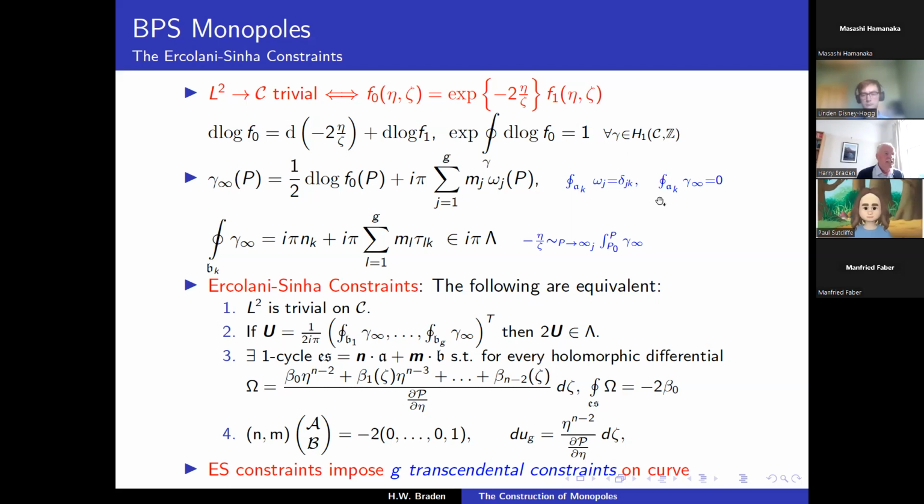So at this stage, I'm going to just use a bit of Riemann surface machinery. So I'm going to just identify the holomorphic differentials on my Riemann surface in terms of these omegas, and tau here is the period matrix of the Riemann surface.